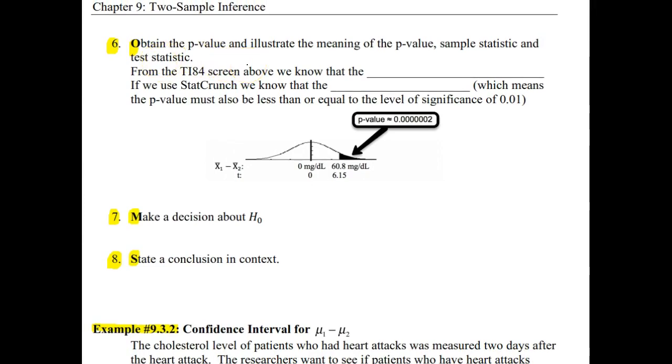So on the TI-84 screen, we see that that is about 1.86 times 10 to the negative 7. And on StatCrunch, when it's so small, it doesn't use scientific notation. It just tells us that p-value is less than 0.001. Okay, so basically less than any reasonable alpha value that we would use in this class.